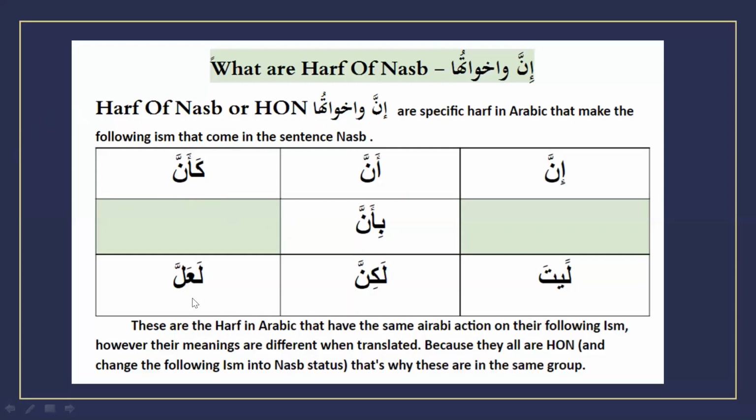If you say it again and again, inshallah, it's not difficult. Inna, anna, ka anna, bi anna, laita, lakinna, la'alla. And these are harf in Arabic that have the same Arabi action on their following ism. However, their meanings are different when translated. It doesn't mean that all these 7 harf of nasb have the same meaning.